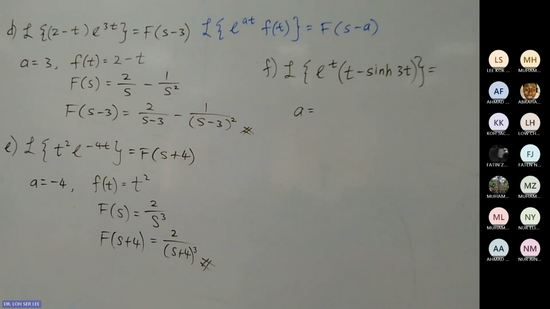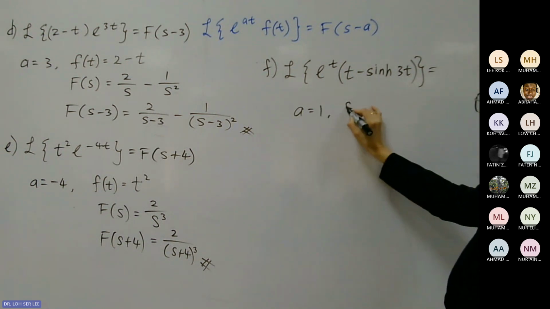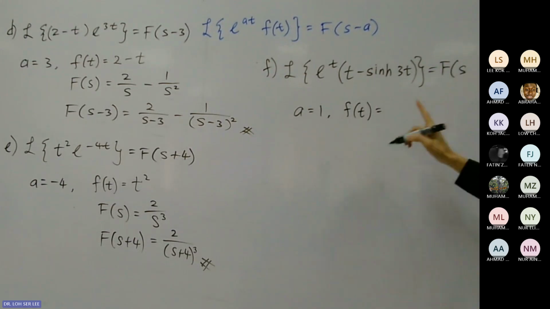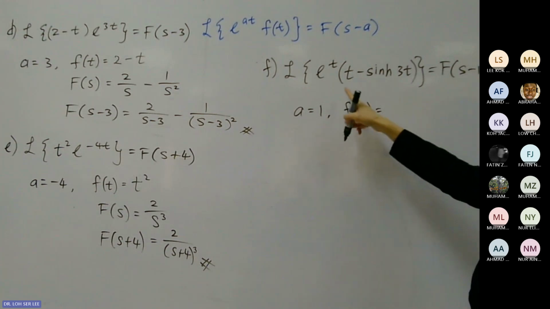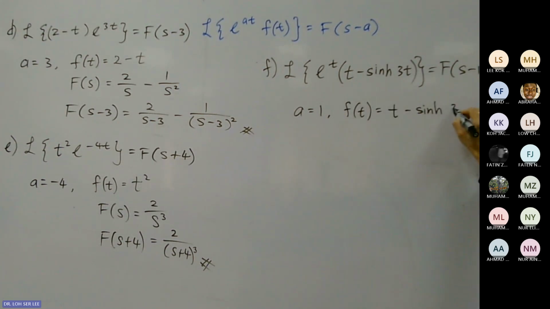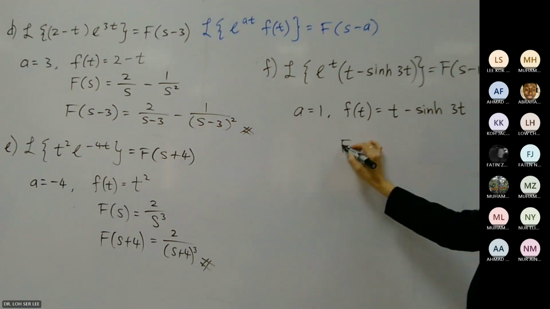What's your a? 1. This is your F(s minus 1). Your f(t) is this one, t minus hyperbolic sine 3t.